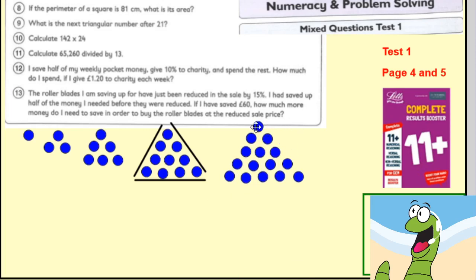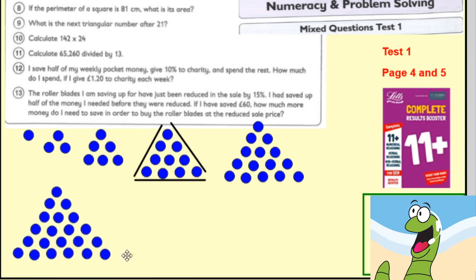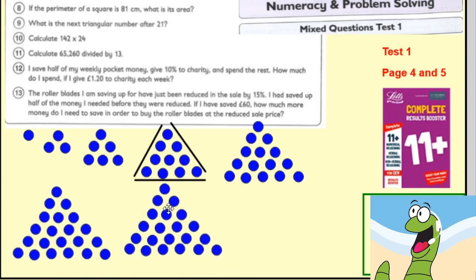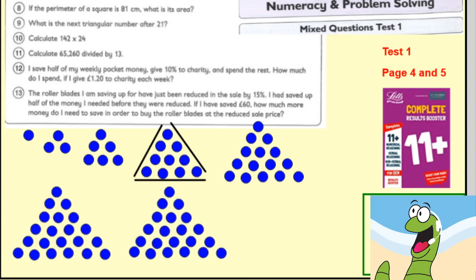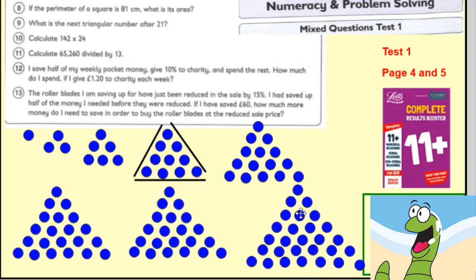So this time I've got 1, 2, 3, 4, 5, 6, 7, 8, 9, 10, 11, 12, 13, 14, 15. I'm going to add another row. So I've got my 15. See if we can work out how many are in that. I'm going to add another row, and I'm going to do one more. Oh, Billy's getting in the way there.